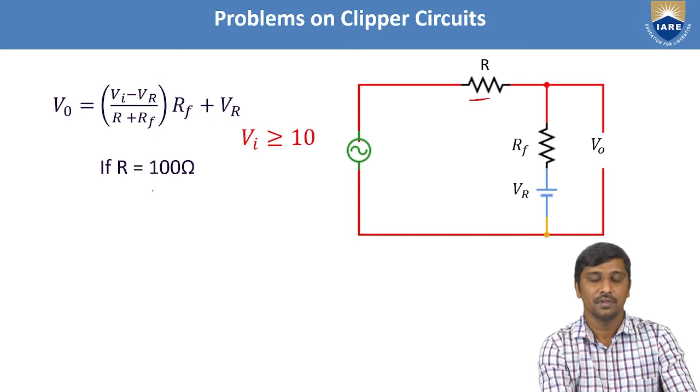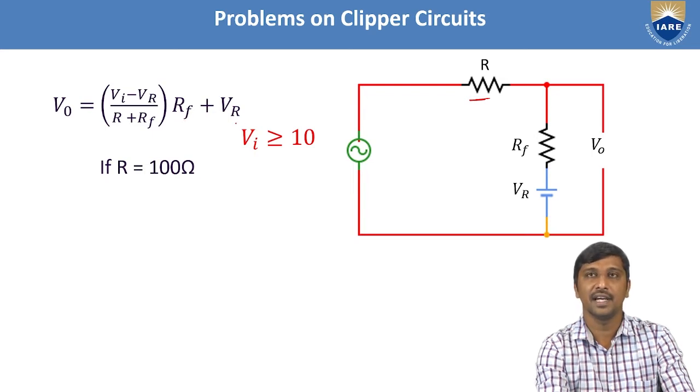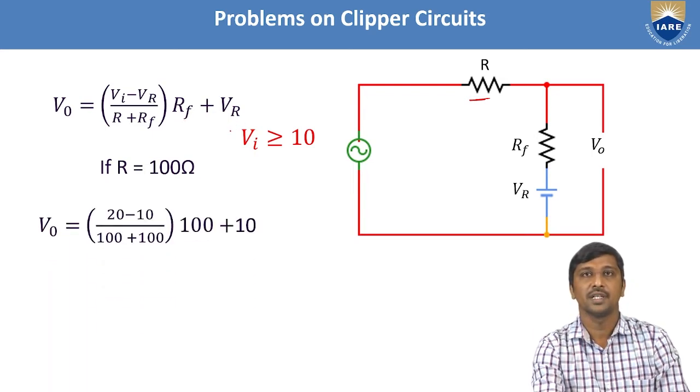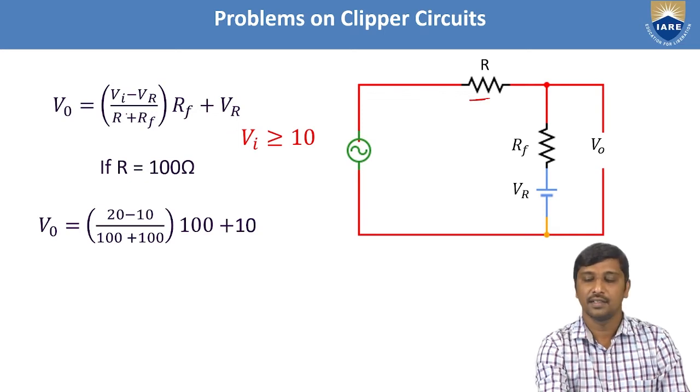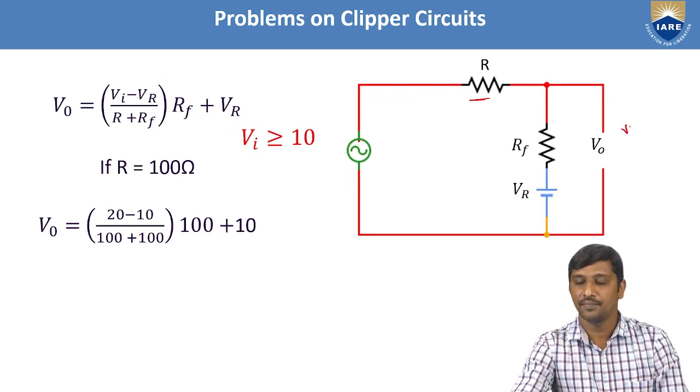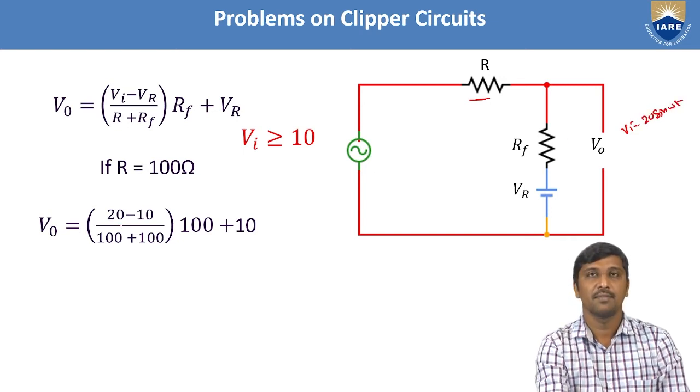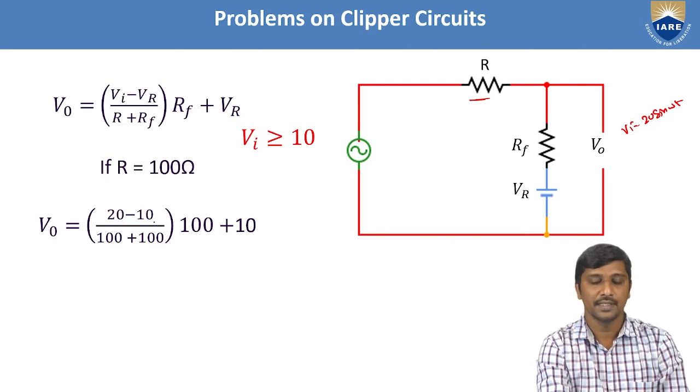Now we need to substitute the values. We know the input voltage, and VR, the reference voltage, is given as 10 volts. R we need to change. The first time, we assume R is 100 ohms, RF is given as 100 ohms, and VR is 10 volts. VI is 20 sine omega t, so the peak voltage is 20 volts, and the reference voltage is 10.